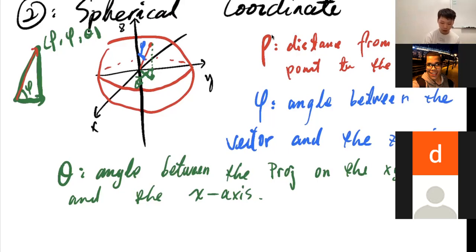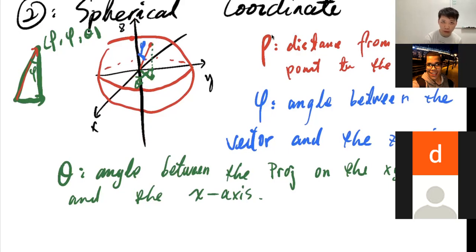Actually, no, the phi is on here, right? Because this normal vector is parallel to the z-axis, the phi angle measures between the vector and the z-axis.